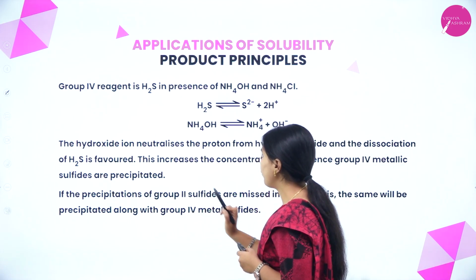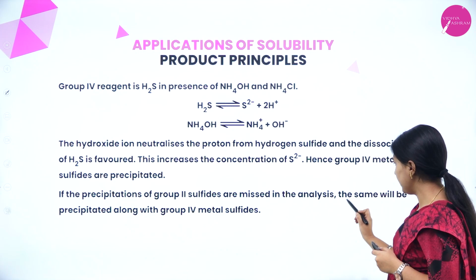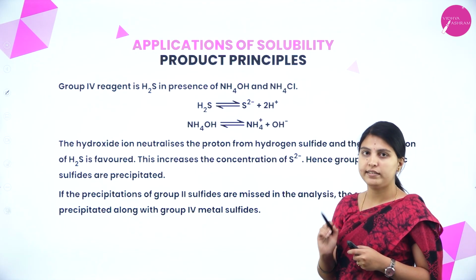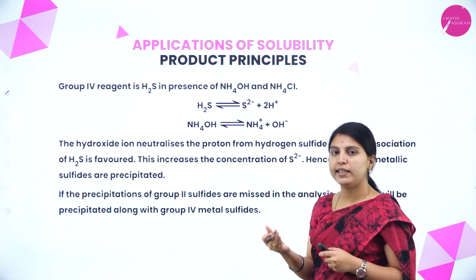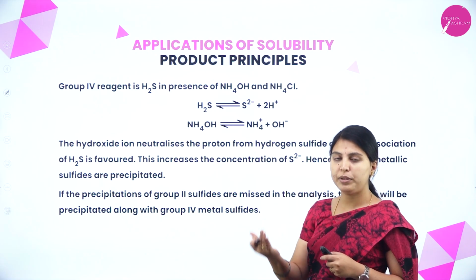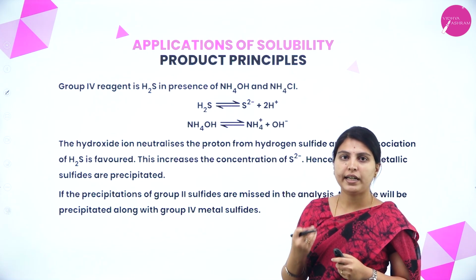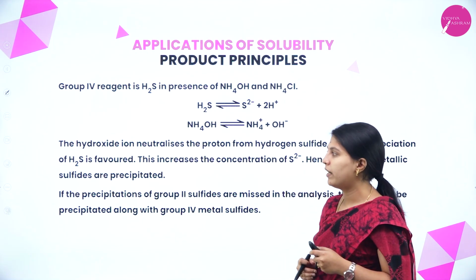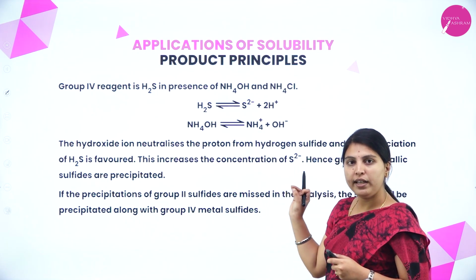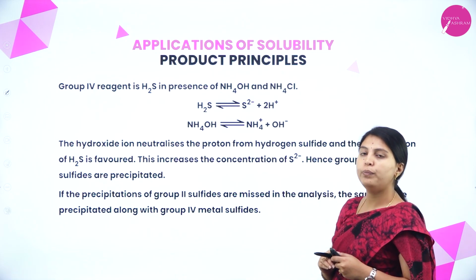If the precipitation of group 2 sulfides is missed in the analysis, the same will be precipitated along with group 4 metal sulfides. These things you know from salt analysis. If one group has been missed, then automatically in the next group you will find these radicals. Generally if you miss group 2, it will be available in group 4.